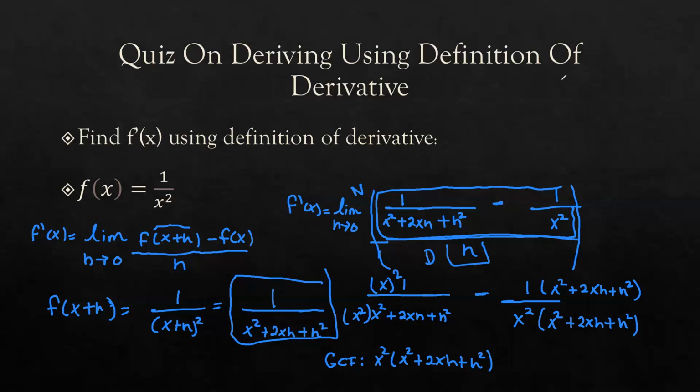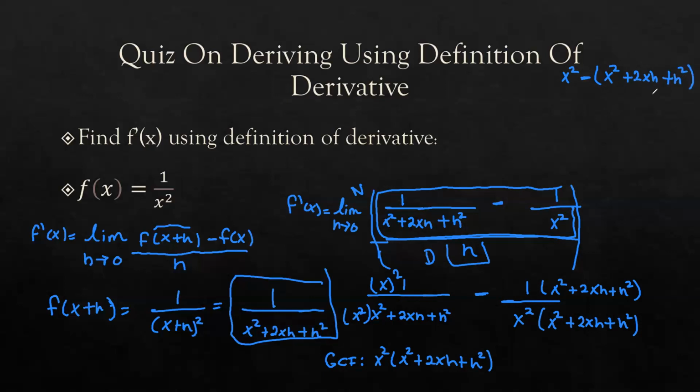So on the top, it's going to be x squared minus parentheses, 1 times this whole thing, which is just itself, so x squared plus 2xh plus h squared.